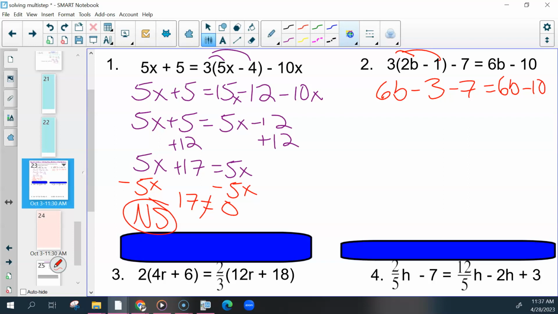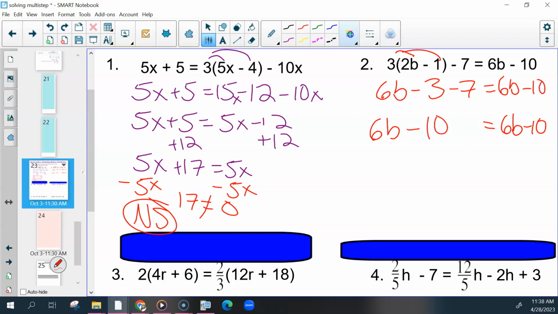Our next step. So combine these two like terms, negative 3, negative 7, what would that give us? Negative 10.